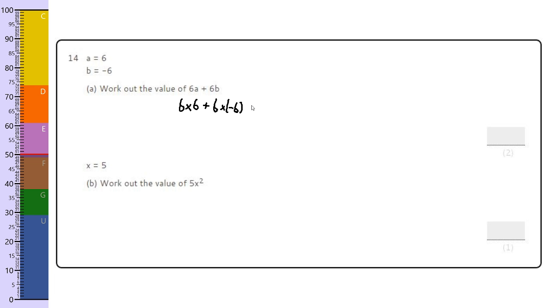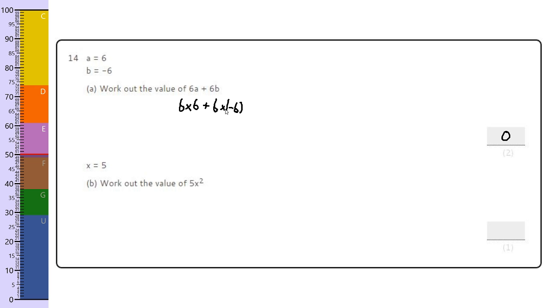Okay, if you type that into your calculator, 6 times 6 plus 6 times bracket minus 6, close bracket, then you should get the answer of 0, okay? Because this is going to give us 36, and this is going to give us minus 36. So the answer to this is 0.